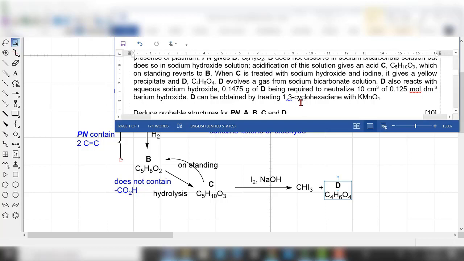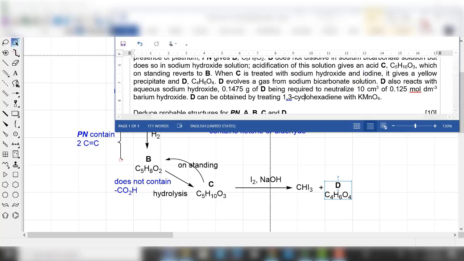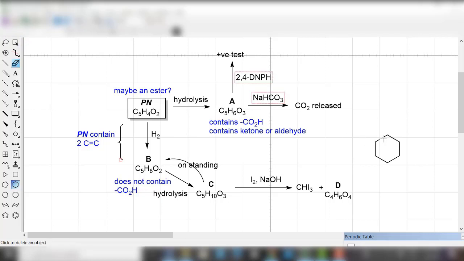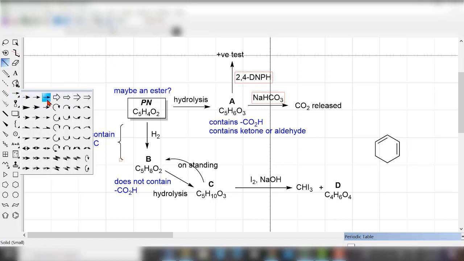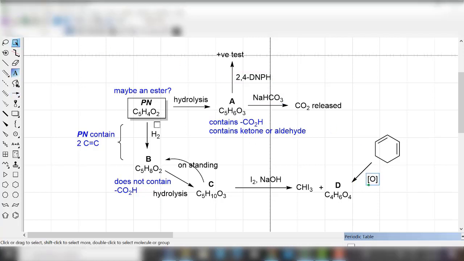This again is a very important clue, which we don't want to miss. They need not give you this clue to solve it, but they are quite kind. This was an old Cambridge question, by the way. So like this, and then an arrow comes in here, and you get this. This is an oxidation, oxidative cleavage to be specific.